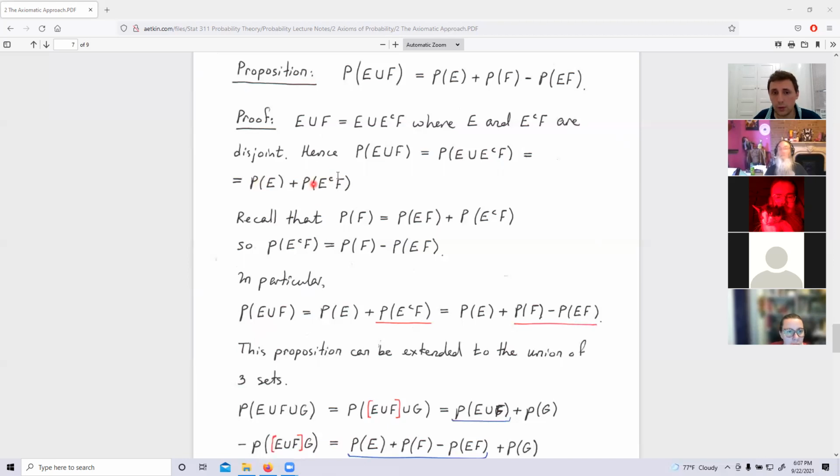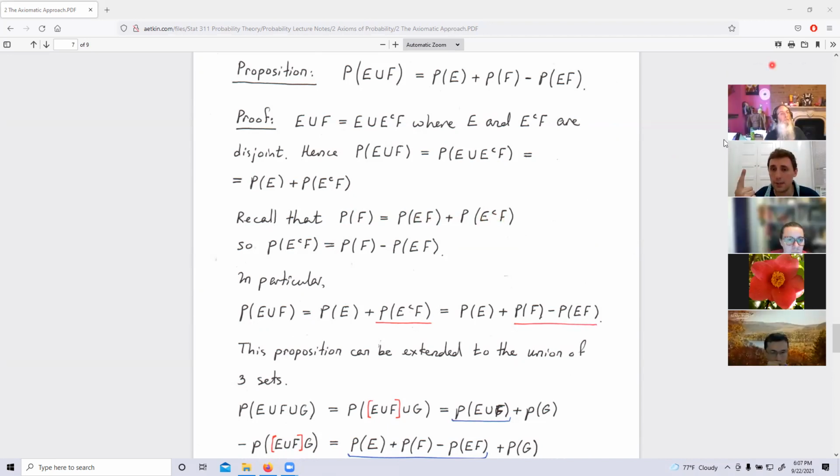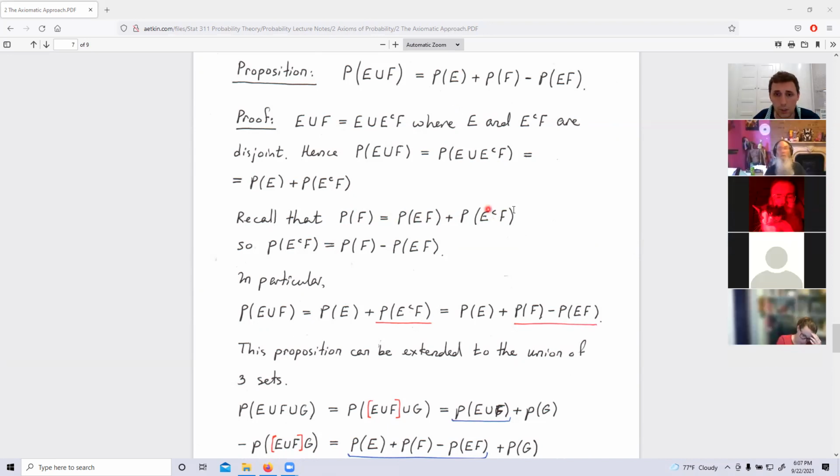Now I have to calculate this guy. I can recall that the probability of F is the same as the probability of E intersect F plus the probability of E complement intersect F, right? So it's either that F happens and E happens, or F happens and E doesn't happen, right? Those are the two possibilities. You can always condition like this. And then look at it. This is the guy I'm searching for.